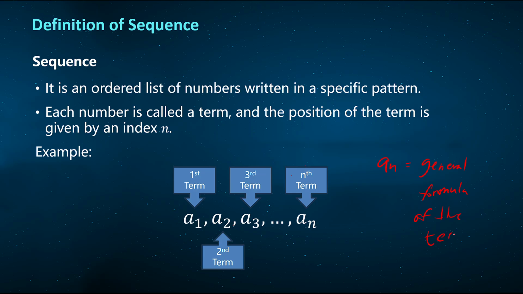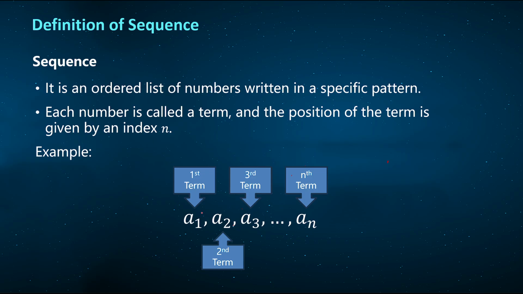Term, I think term is the most appropriate word. Okay, the general formula of the term. Okay, and so by substituting the n value in our general formula, you can get the corresponding a sub n for each term.